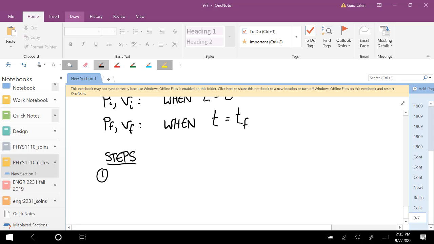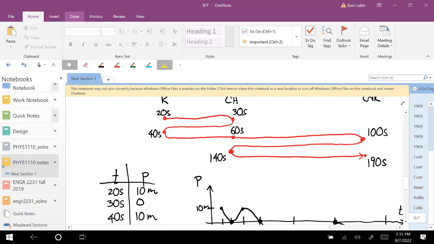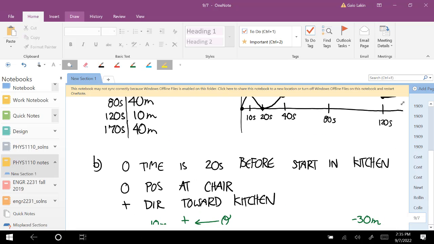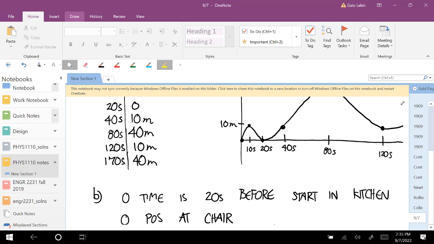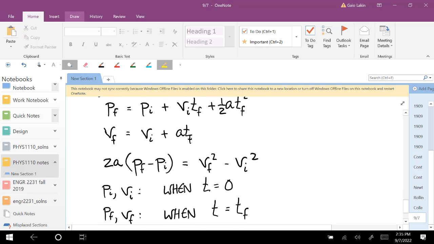are first, you have to choose 4 things. And this is very closely related to these kind of problems, okay? Where you're choosing a 0 position, a positive direction, a time equals 0. In these problems, you also have to choose a final time, your time T final, but that's the only thing that's different.